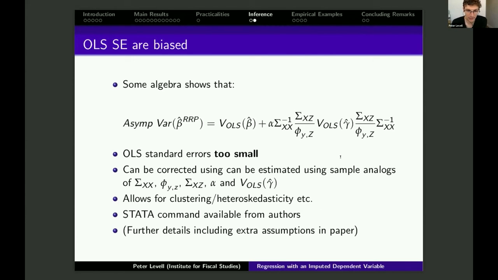But you can correct those standard errors using sample analogs of the terms in the second term of that expression. This standard error straightforwardly extends to allow for clustering and for heteroscedasticity. And we've created a Stata command for people to use in your own applications, which is available from us and through a link in our paper.